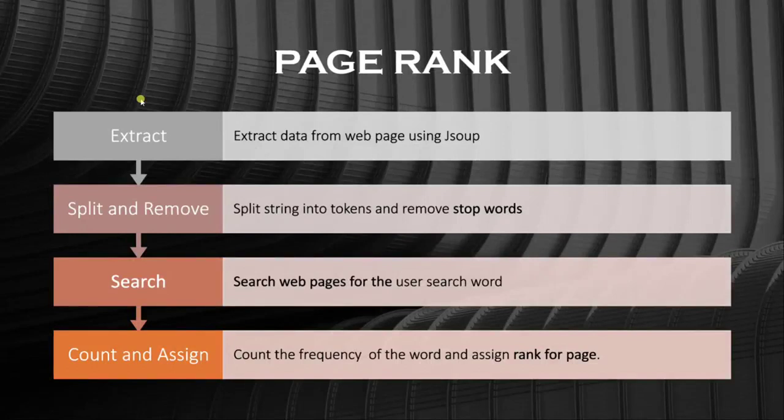For that, we first have to extract the data from the web page using Jsoup, then split the strings into tokens and remove useless words such as word rejects and stop words. Then we search the web pages for the search word that the user has given, count the number of occurrences or the frequency of the word, and assign the rank for the page.